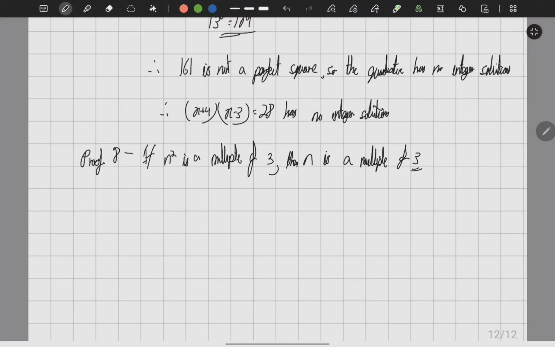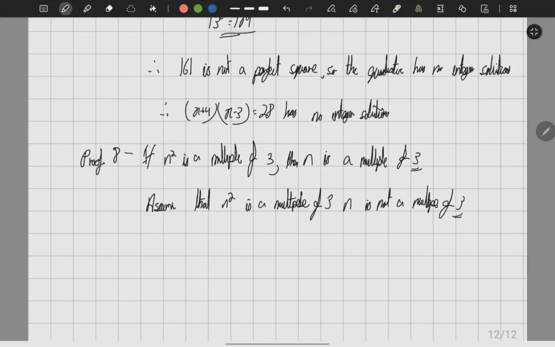There we go. So now we assume the opposite. Assume that n squared is a multiple of 3, n is not a multiple of 3.